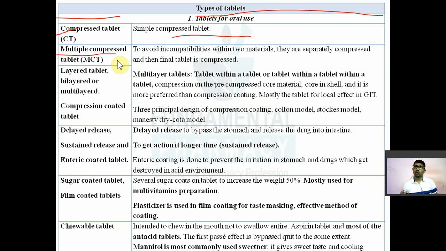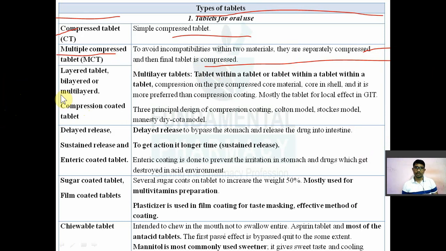You have to compress one drug separately in the form of a half tablet, and the remaining drug you compress on the pre-formed half tablet. That is known as a multiple compressed tablet. So the main motive behind this multiple compression is to prevent incompatibility. इसके ऊपर क्वेश्चन आ चुका है. To prevent the incompatibility between two materials, that's why you do multiple, double or triple compression.